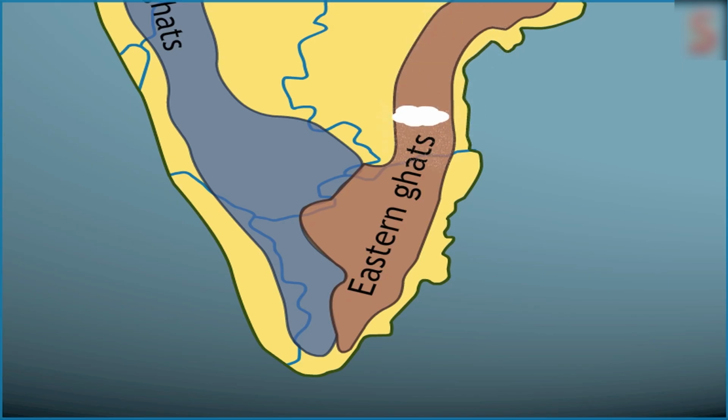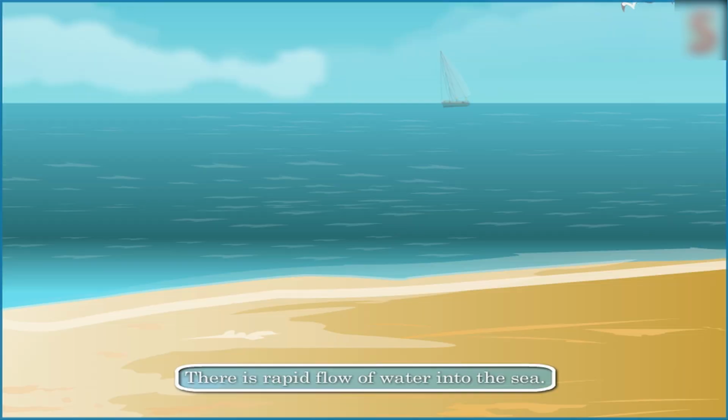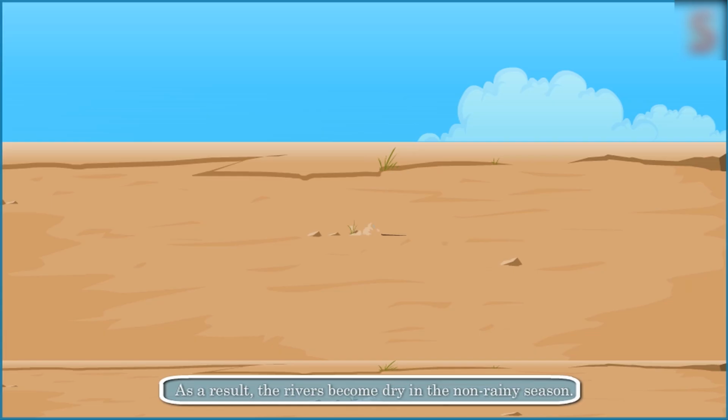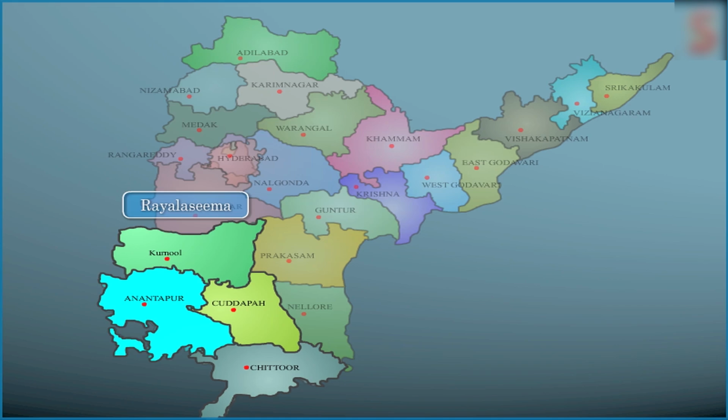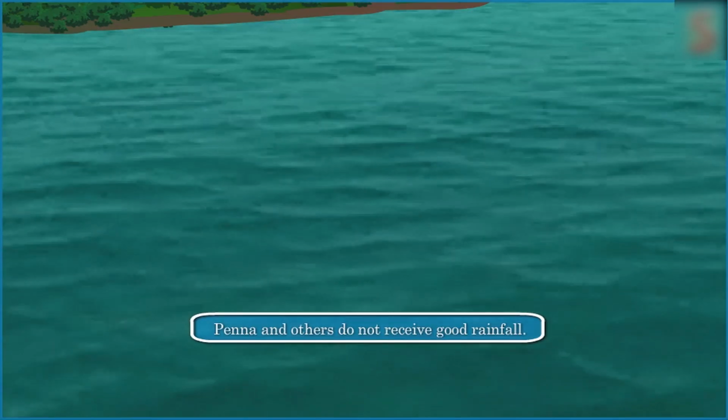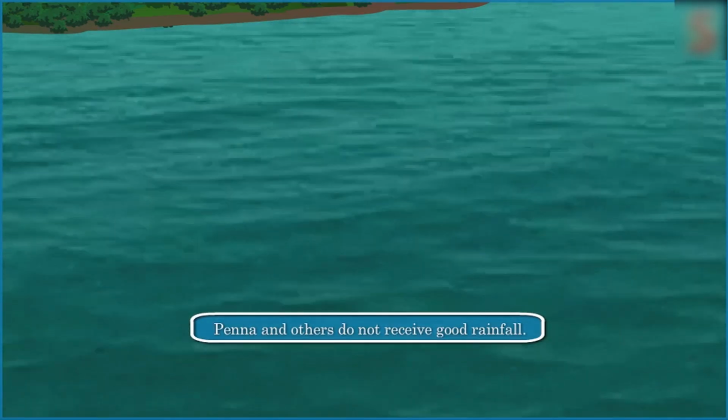The rivers which start in the Eastern Ghats receive moderate rainfall and there is rapid flow of water into the sea. As a result, the rivers become dry in the non-rainy season. But the rivers from the Rayalaseema regions like Penna and others do not receive good rainfall.